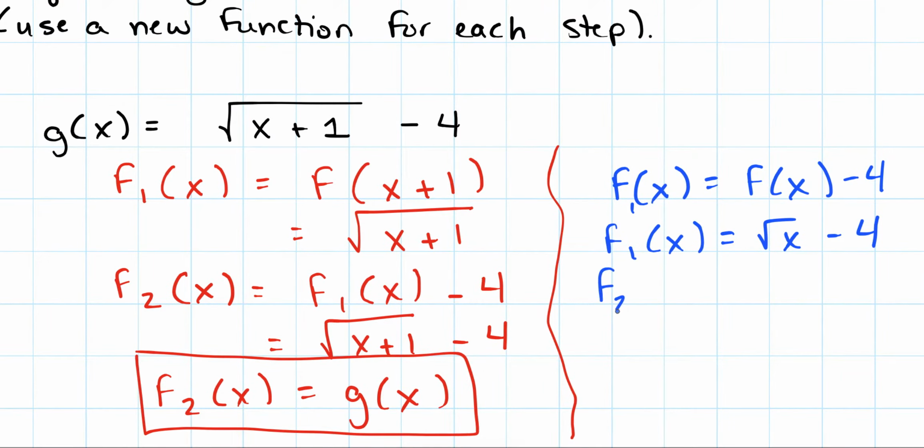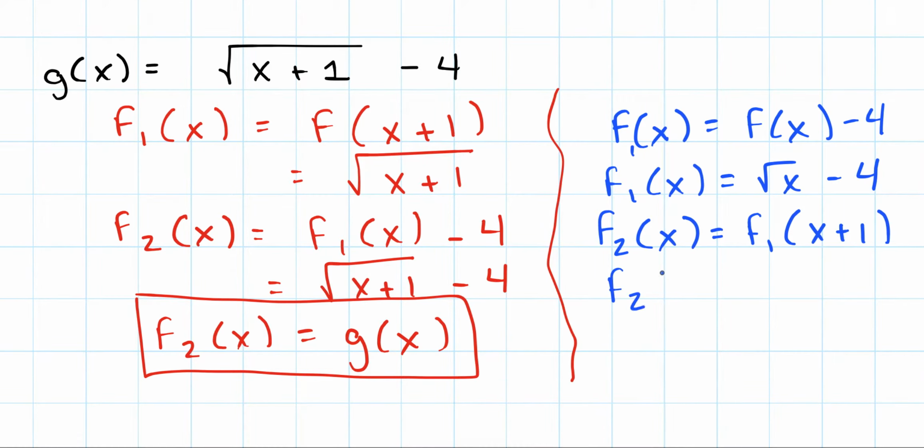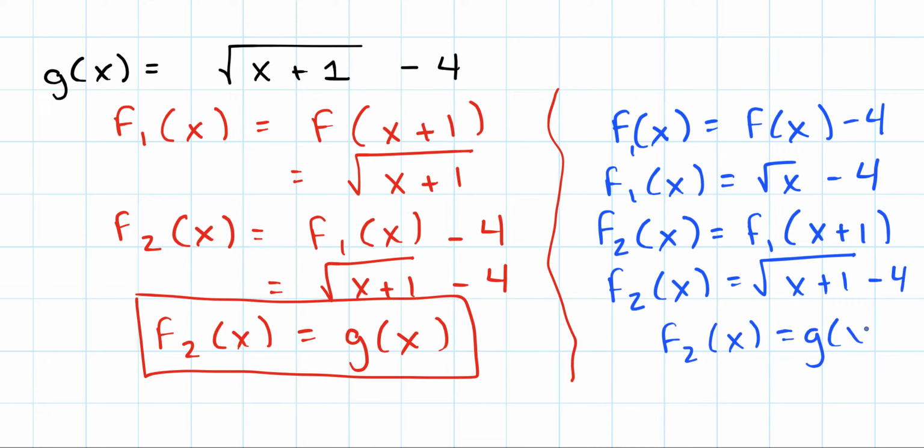And then you could define f2 of x to be f1 of x plus 1. So that's saying in my function f1, wherever I see an x, I plug in x plus 1. So then f2 of x is going to be the square root of x plus 1 minus 4, and f2 of x is going to be g. It doesn't matter the order that you do this.